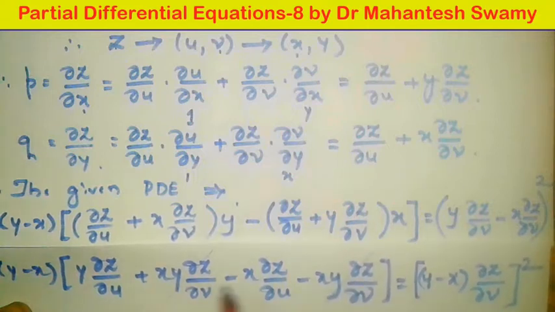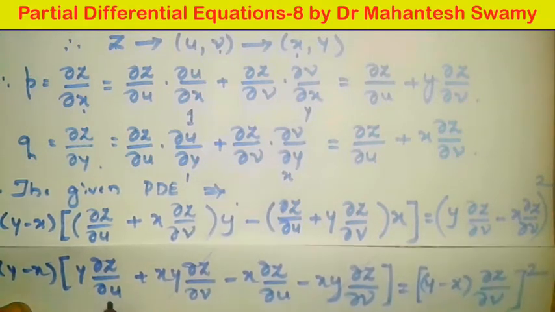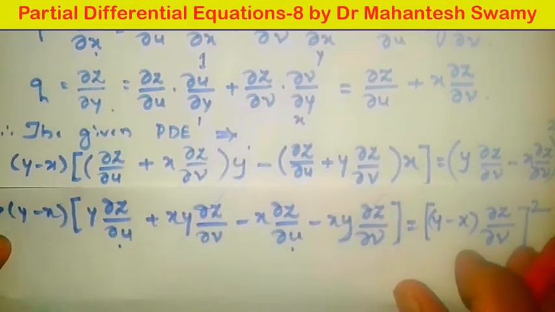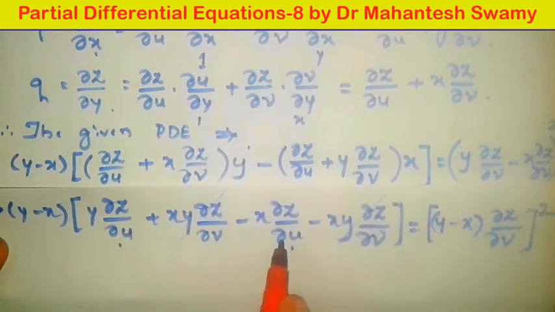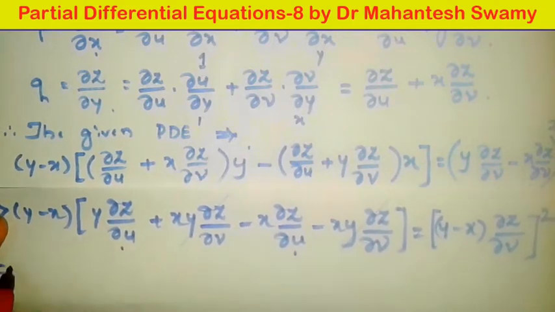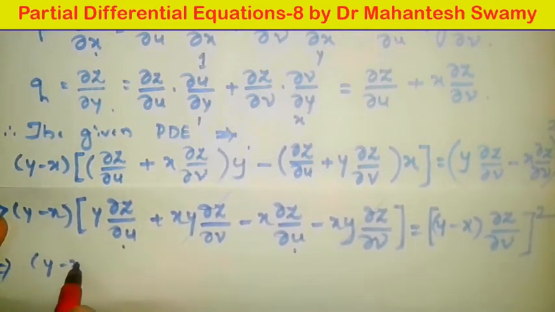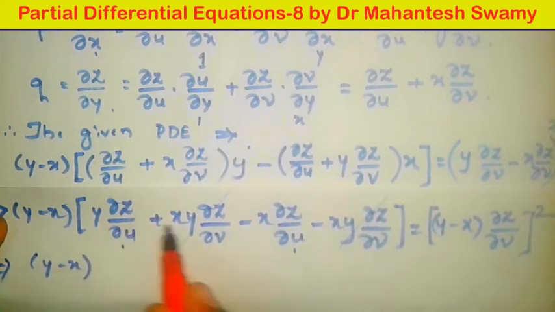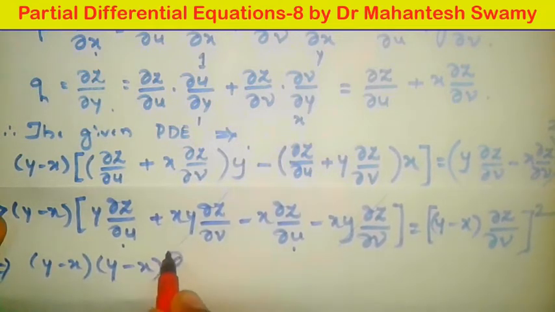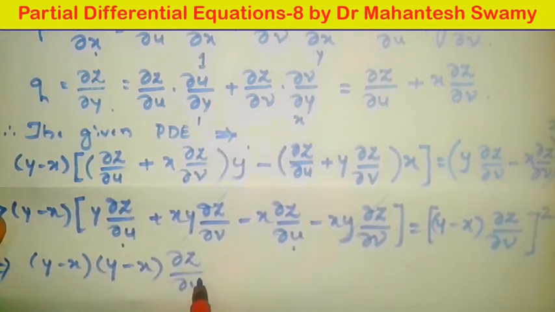After cancelling, in the remaining thing we can take dou z by dou u as a common factor, and we will be having y minus x within the bracket. So y minus x here as it is, and here dou z by dou u, if we take outside, y remains here minus x remains here when we take dou z by dou u outside.